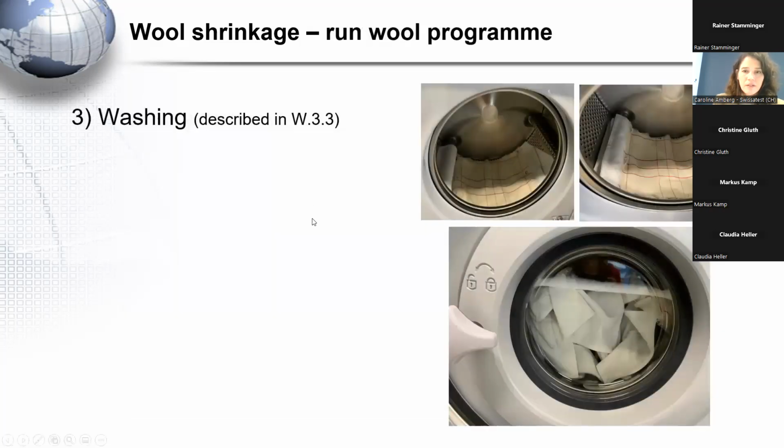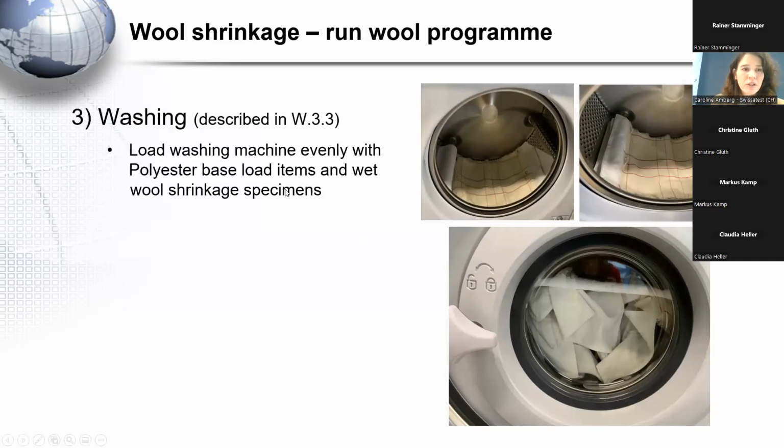Good. And then again, also here for loading the machine, there is not really a scheme. So you just have to load the polyester base load items evenly and put in these shrinkage specimens also in an even way, so you can make different bundles of your base load and then load it accordingly.